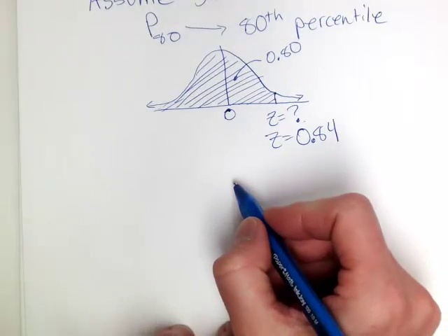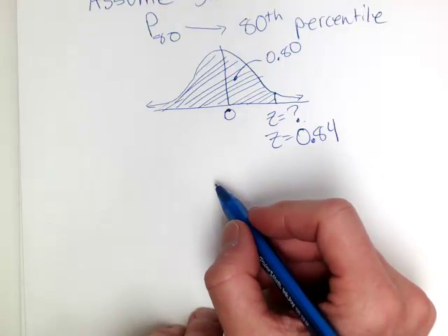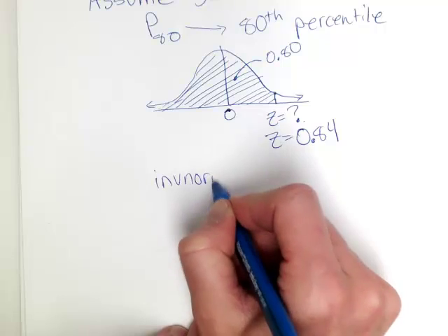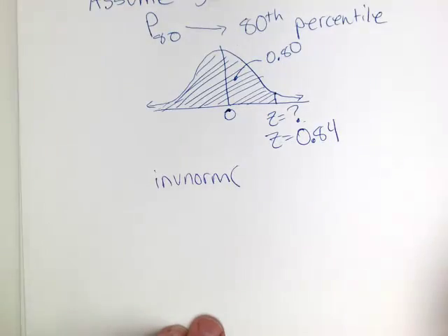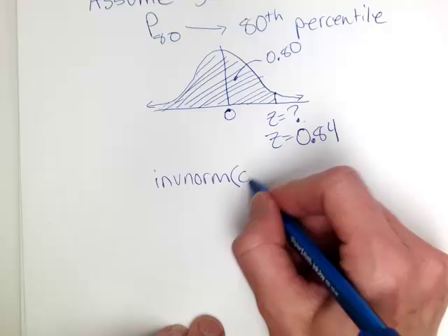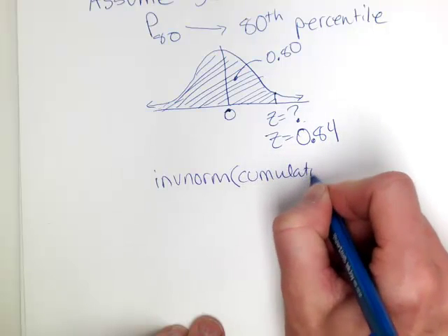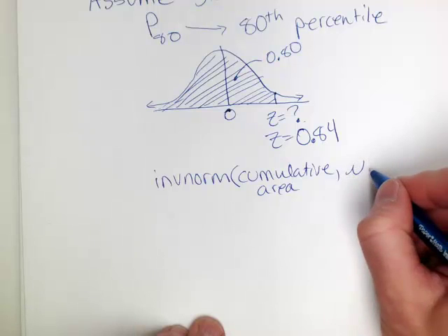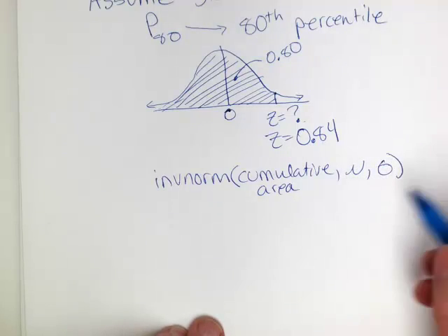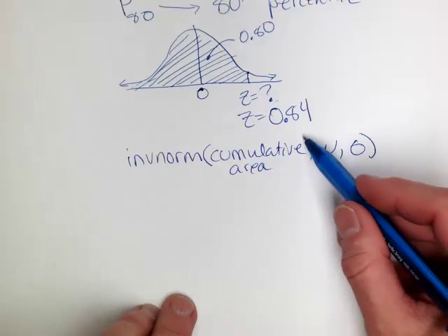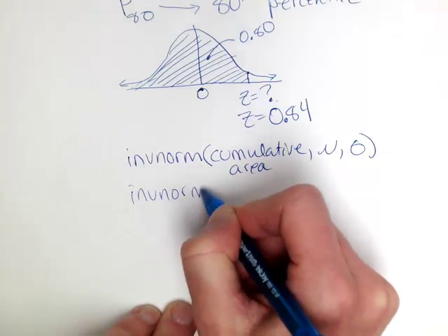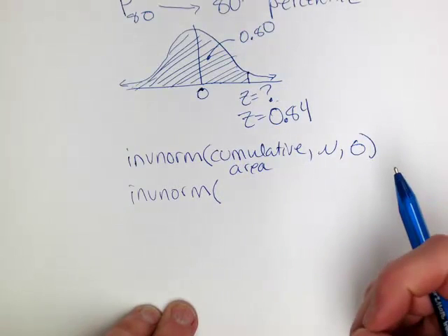If you're working with an older calculator, once you select inverse norm, it's going to get you back to your home screen, and it's going to need a cumulative area separated by commas, mu, and then sigma. If you close the parentheses right here, you're telling the calculator we're working with standard normal.